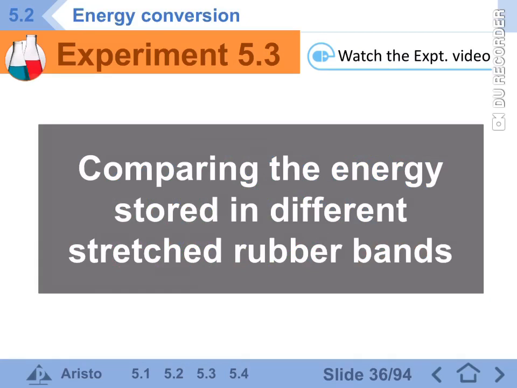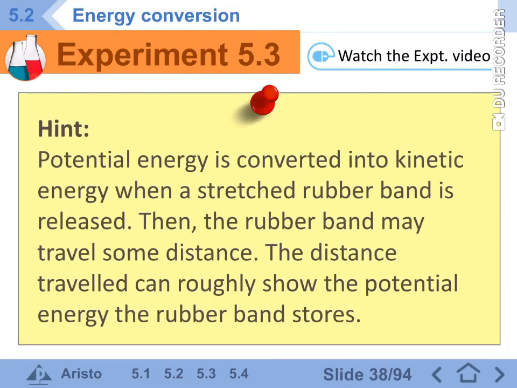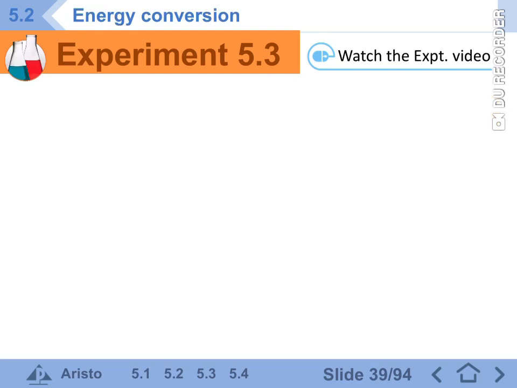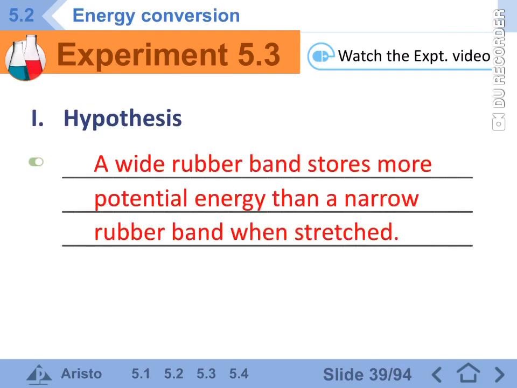So in here, we're comparing two different rubber bands and how far they stretch. The first one is the hypothesis, what we're trying to find out. We want to find out whether a wider rubber band stores more potential energy than a narrower rubber band when stretched.